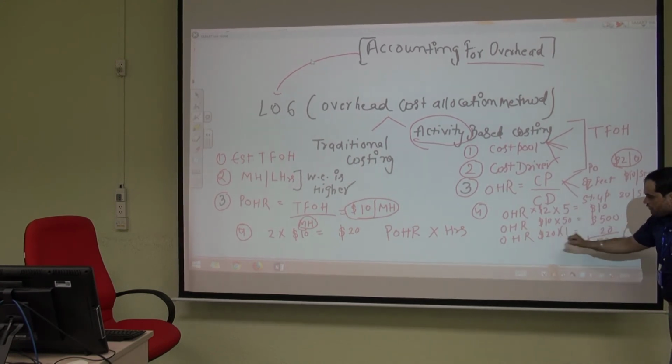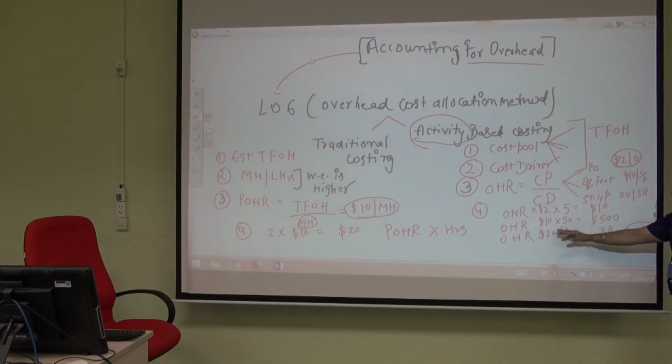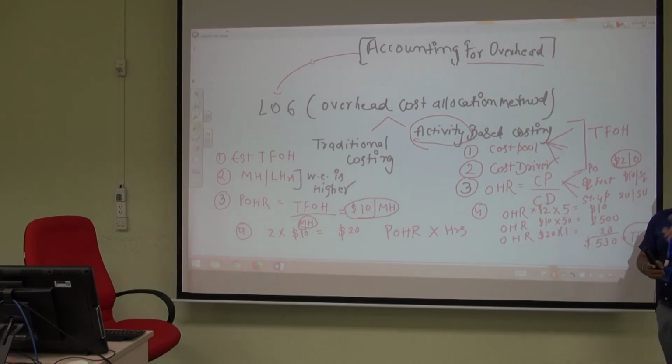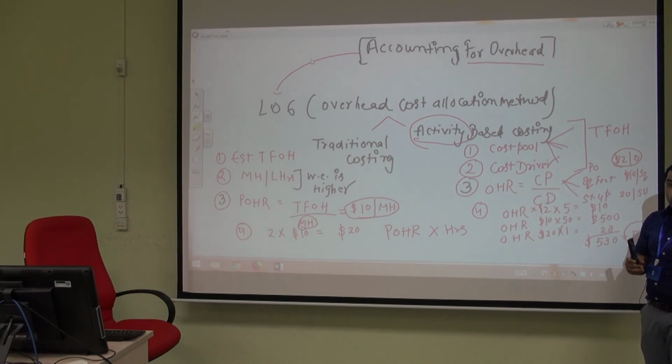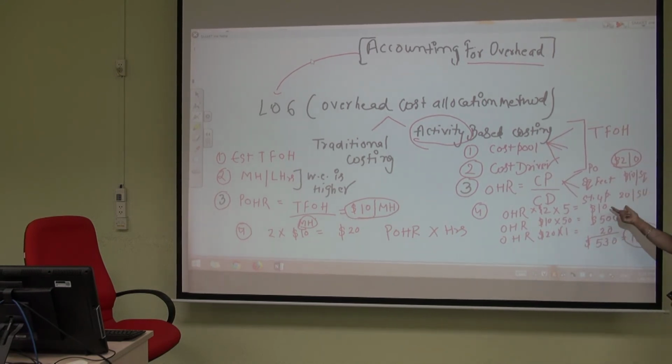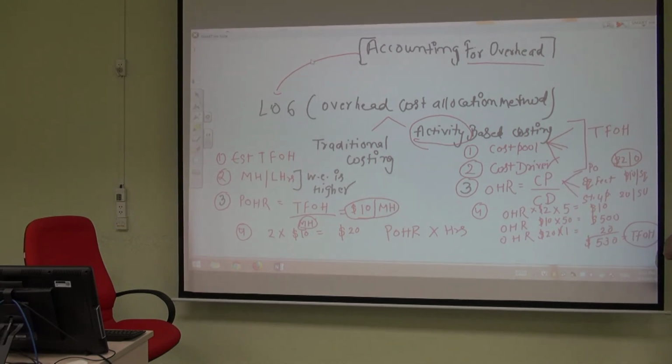And setup is $20, and let's say you set up the machine 1 time, which is your $20. So this plus this plus this, your total factory overhead related to this product is $530.